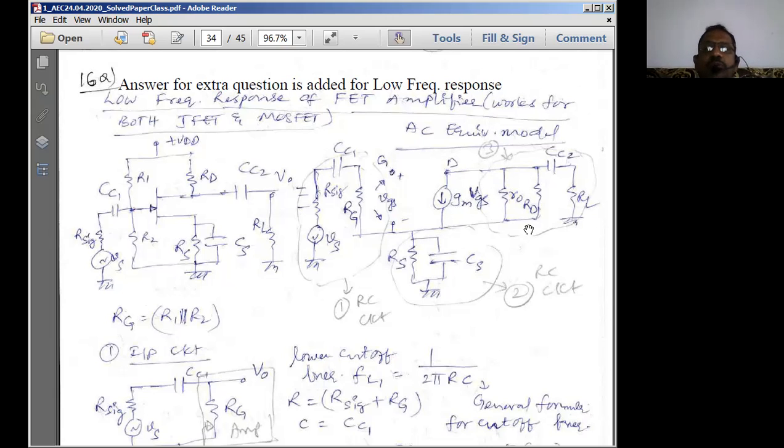Then next one is going to be R0, the internal resistance of this particular amplifier circuit.